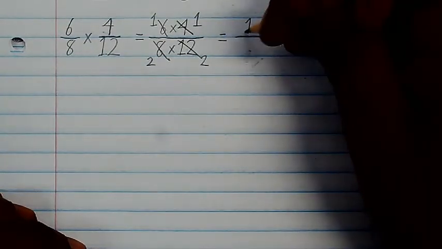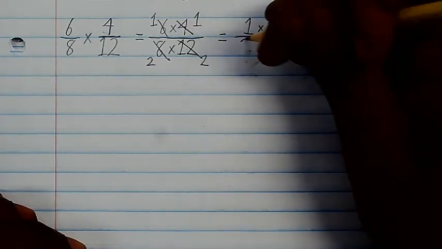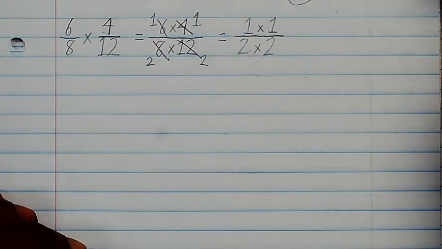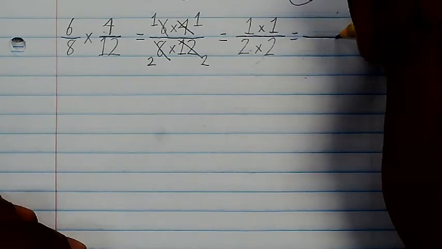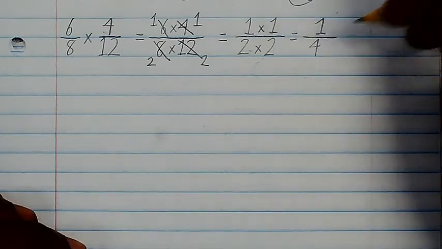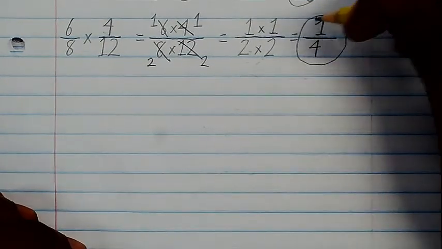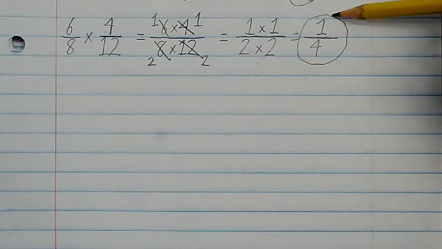So that's 1 times 1 over 2 times 2. And of course, if we multiply, that's going to give us 1/4. And this is our simplified answer, because we cannot simplify this fraction any further.